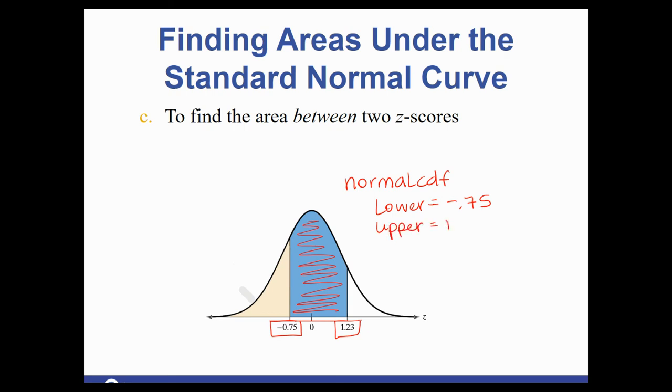You'll put in your upper as 1.23. Your mean is 0. Your standard deviation is 1. And in between the two of them, you will find 0.6640.